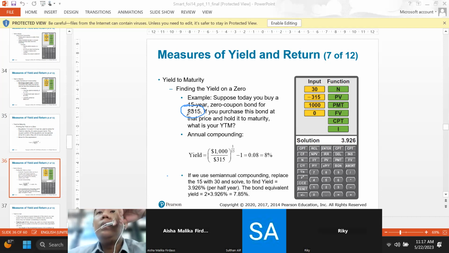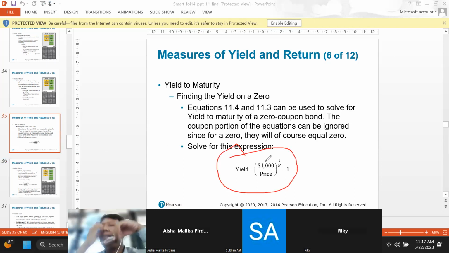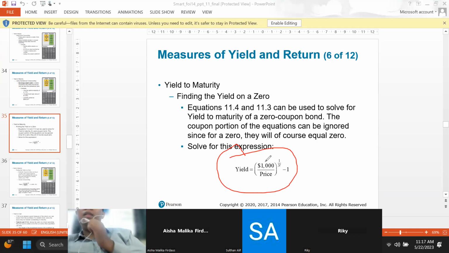So to calculate the yield to maturity for this zero coupon bond, we use this formula. Please remember this formula, because Excel will not give you the calculation for zero coupon payment. The yield equals 1,000 divided by the price, to the power of 1 over n, minus 1.